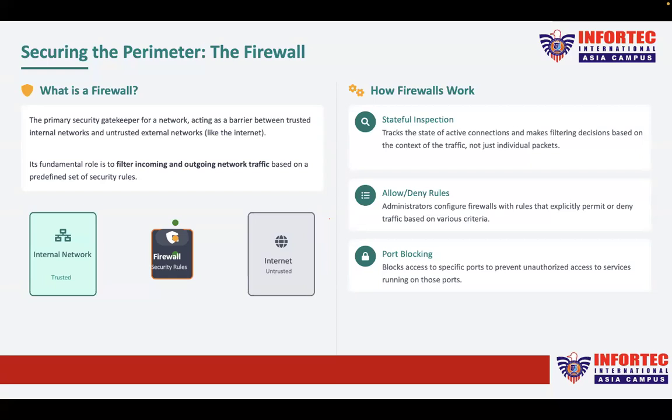So now from this point onwards, I'm going to discuss what components we can use to protect ourselves from all these things. The very first thing is the firewall, the primary security gatekeeper for a network.